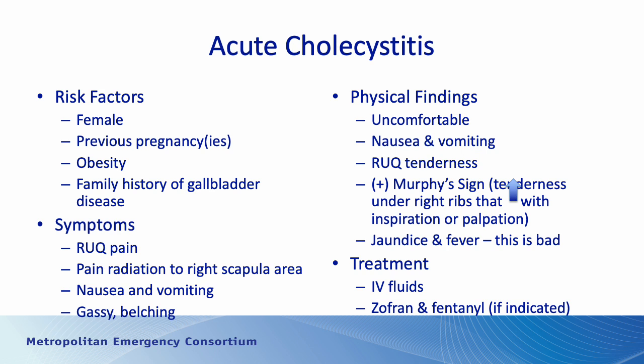They also tend to have something called a Murphy sign, where there's tenderness under the right ribs, and that tenderness increases if you have them take a big breath or if you push your fingers under the right costal margin. So what you're doing is putting pressure right on the gallbladder. If it's inflamed, it causes more pain. Some of these patients can have jaundice and fever. That is a bad finding.